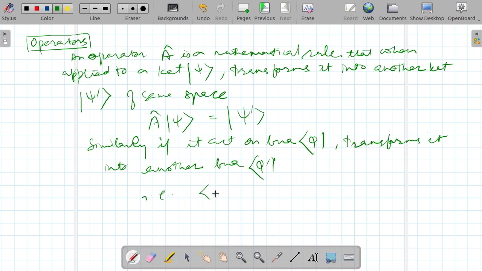That is, phi operated with this operator gives us another bra phi prime.